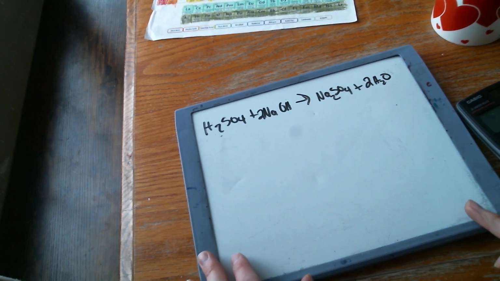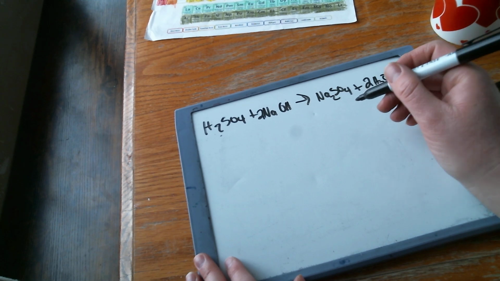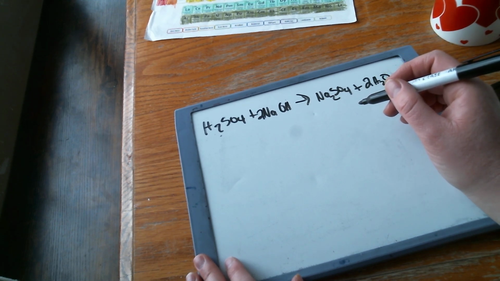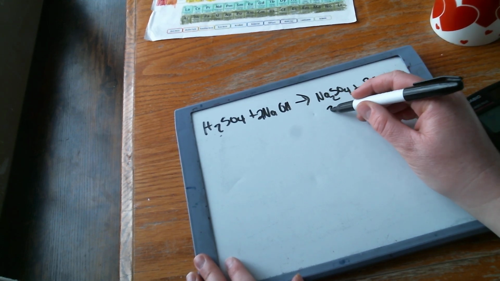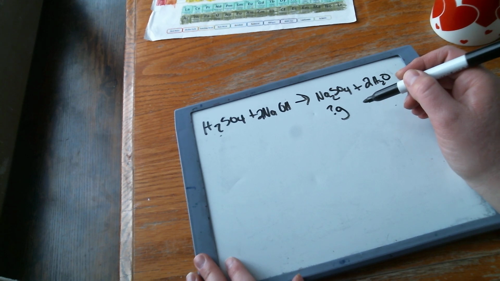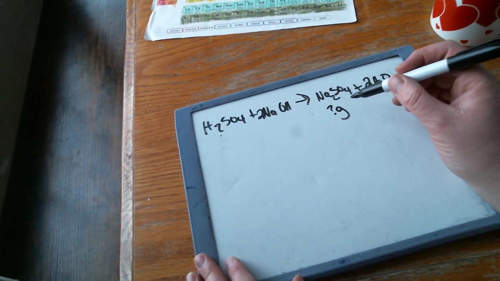So we know that this is how many grams. We're looking for how many grams of sodium sulfate we can produce if we have 500 milliliters of 1.6 molarity sodium hydroxide.